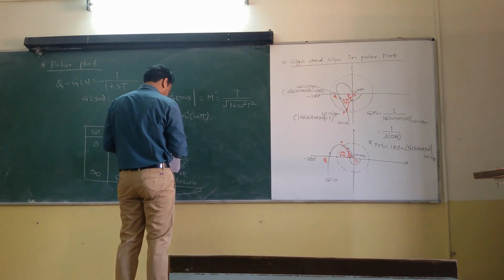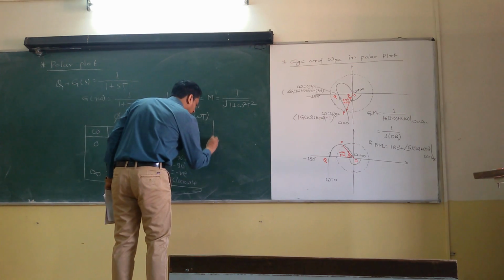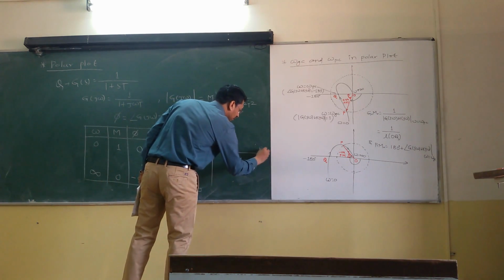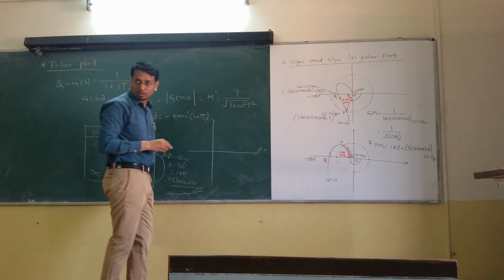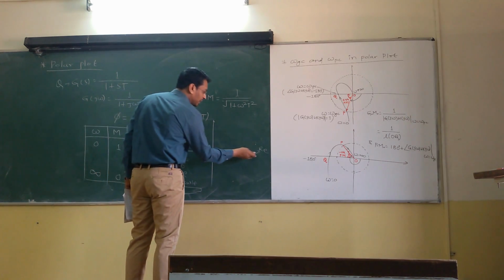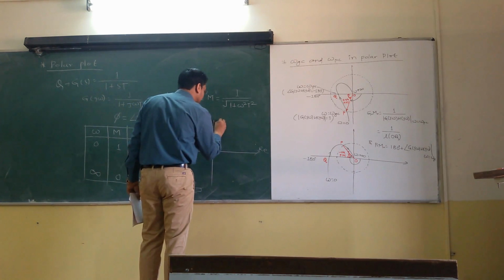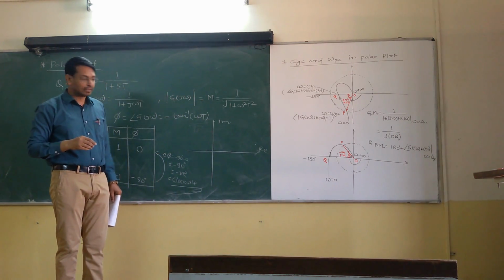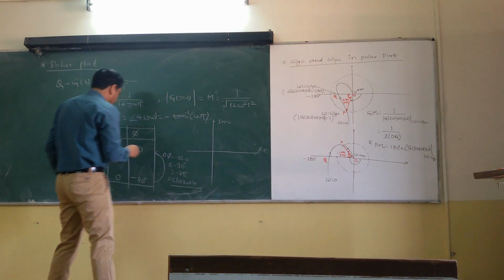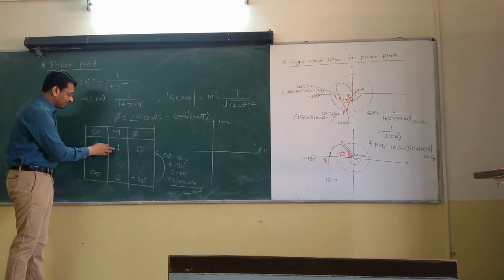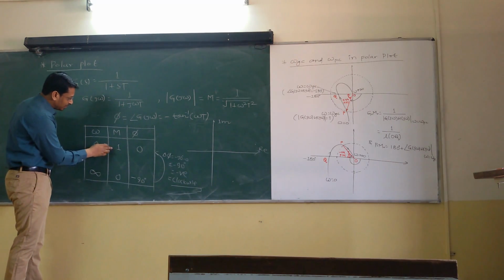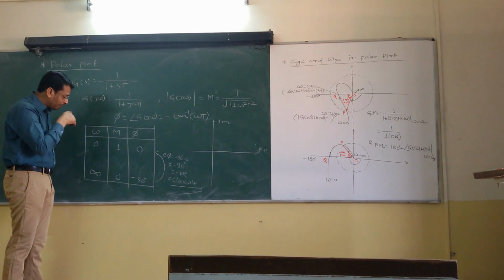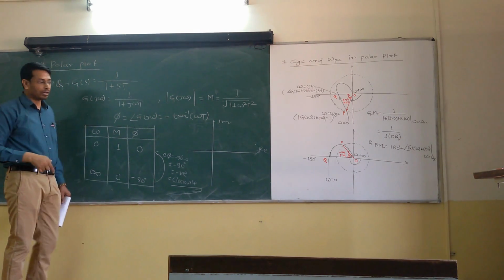So now let us take this as the real part of G(j omega)H(j omega), and this as the imaginary part of G(j omega)H(j omega). Correct? So the first point we want to look at is when omega is equal to 0, the magnitude is 1.